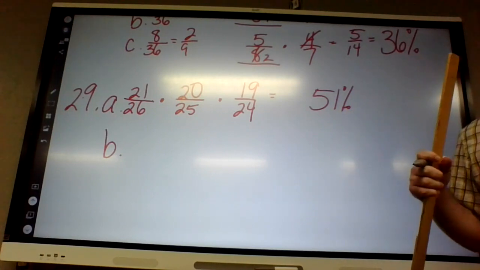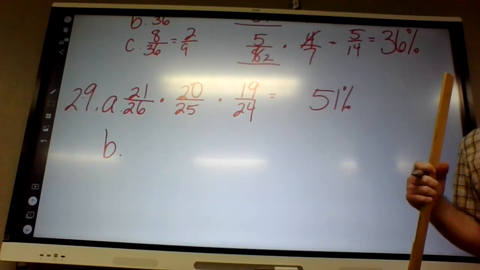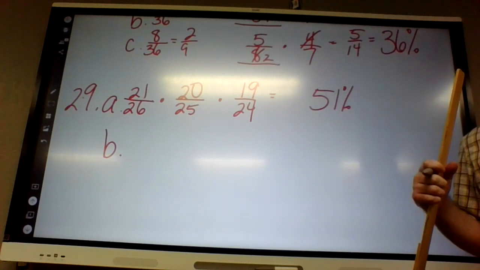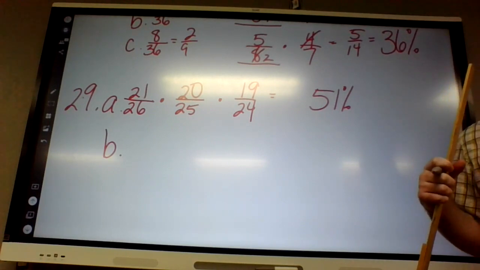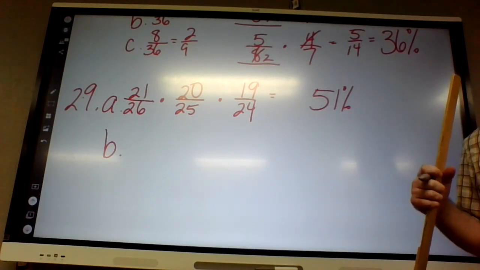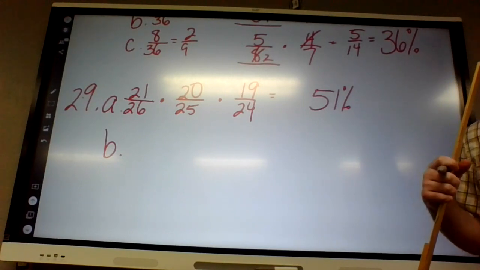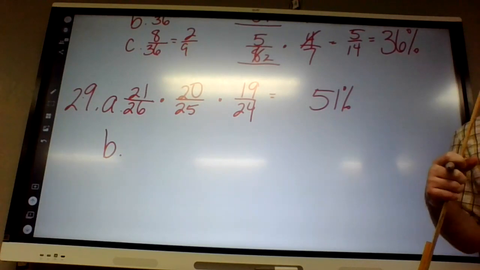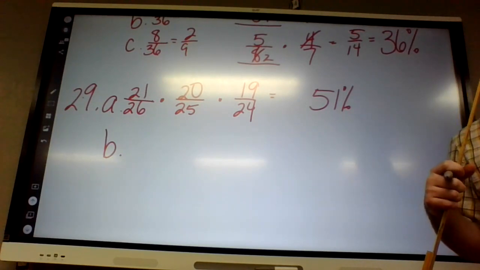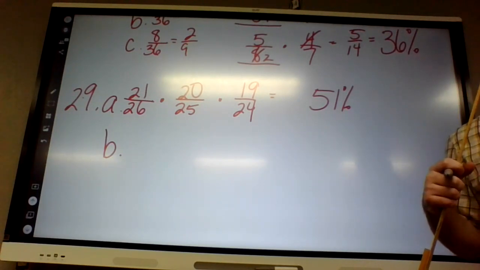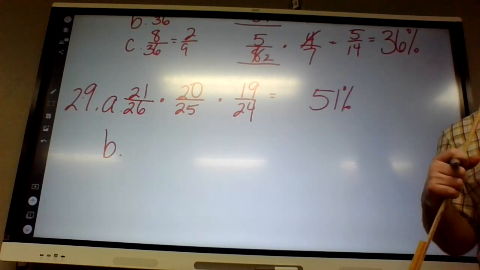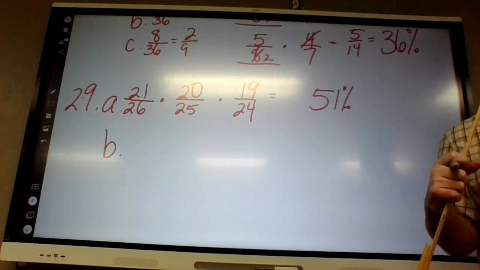Let's say I'm choosing a guy at random in this classroom and the probability was like 44% or whatever. If it's 44% chance I choose a guy, what's the percent chance I would choose a girl? 56.